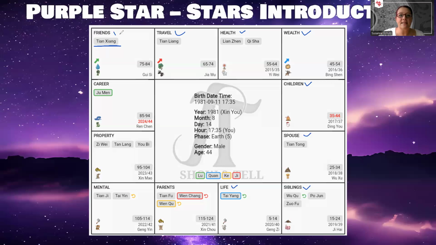If you have the Tian Xiang star in the friends palace, like for this particular person here with this chart, you're blessed with a lot of good friends that help you out during mid-age. Yeah, so between the age of 35 to, let's say, 60 these days.